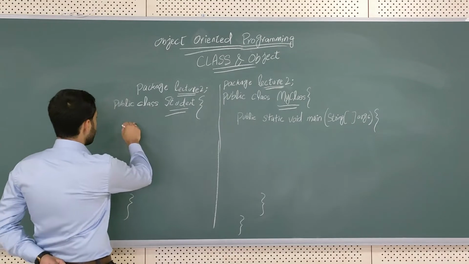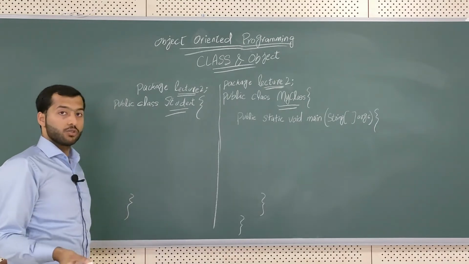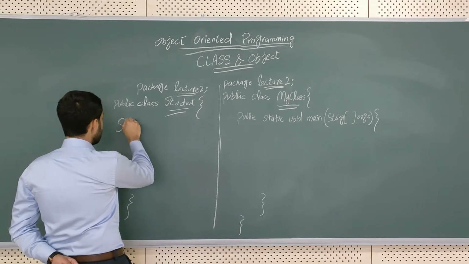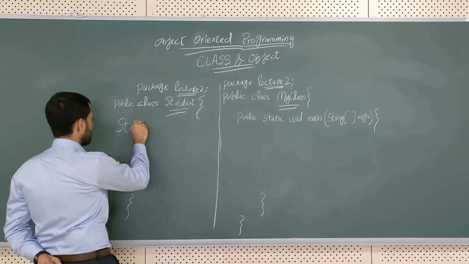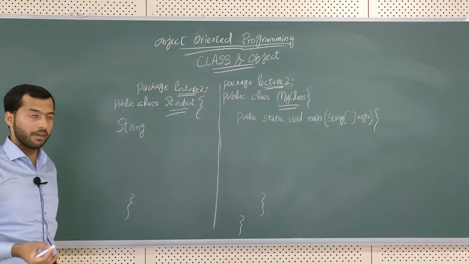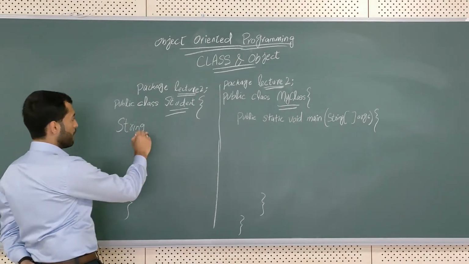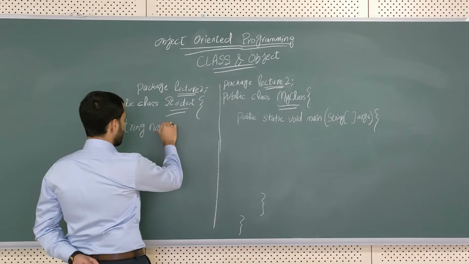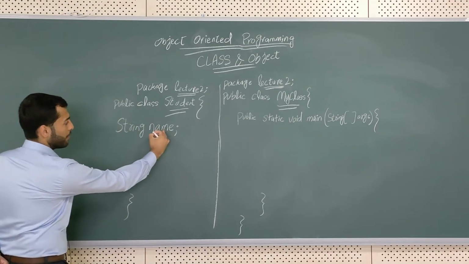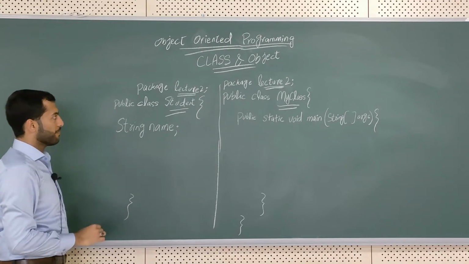Let's suppose that first we take the name of the student. That one is a string. The data type is string, and we can give the name, for example, name. Now this name is a variable and that one is a data type.